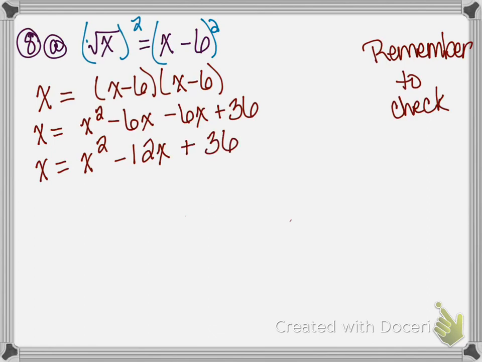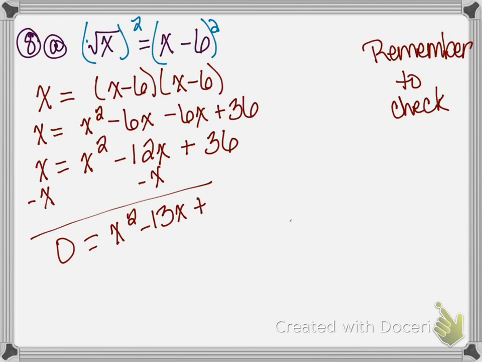Now I've got something squared, so I've got a quadratic. So in order to do a quadratic, I'm going to subtract x from both sides. So I have x squared minus 13x plus 36. Fortunately for us, that can be factored. So I am left with x.